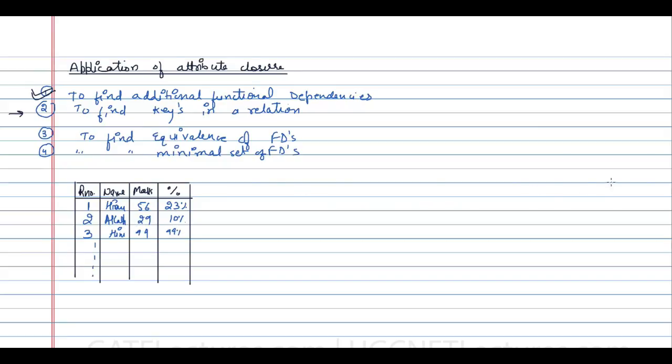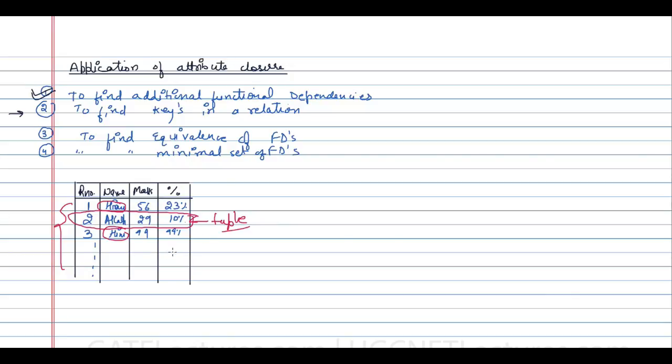Now given some name of the student, you will not be able to identify the marks uniquely, and you will not be able to identify the percentage uniquely. But if I give you a roll number, then with the help of this roll number you can determine the complete tuple. This complete row is called a tuple or a record. You will be able to identify the complete tuple uniquely.